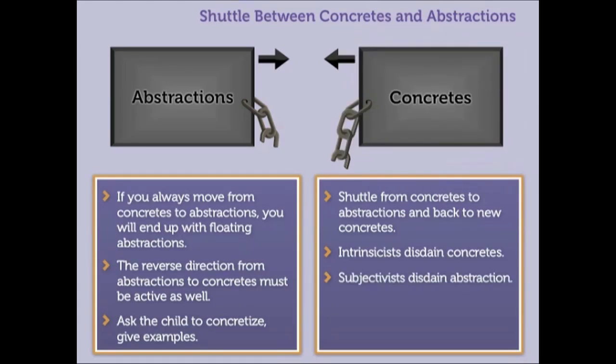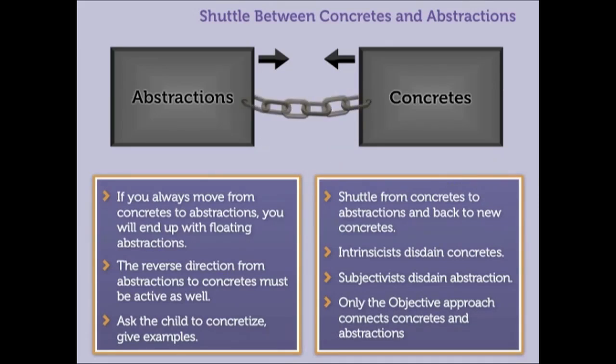On the other hand, the subjectivist or pragmatist is the empiricist type, and they are only interested in concretes and they derogate abstractions. That's the New York Times type. There's nothing in common and so on. Only the objective approach enables you to unite concretes and abstractions.